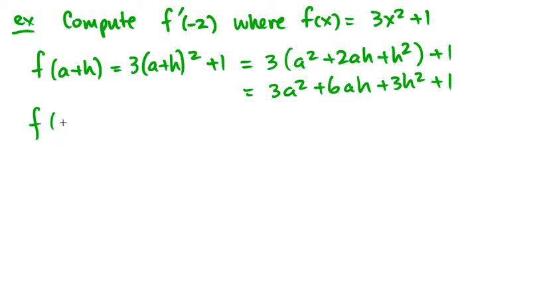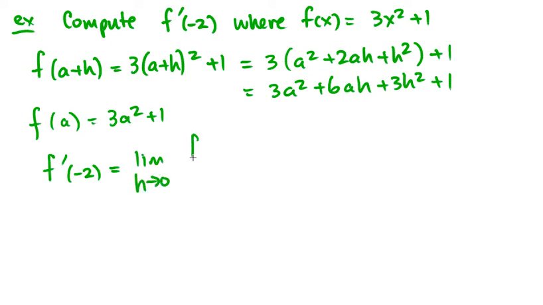We can also find just what f of a is equal to by substituting a in for x, so it's 3a squared plus 1. We need these two function substitutions so that we can use the other definition of the derivative, which is the limit as h approaches 0 of f of a plus h minus f of a all over h.